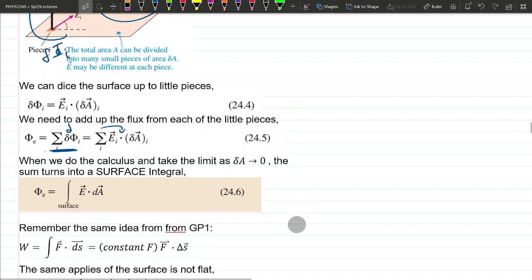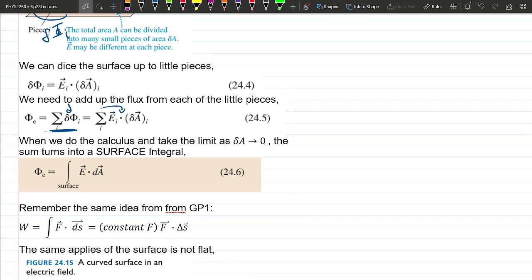This is known as a surface integral, or calculating an integral over an area as opposed to along a line. So as you take the limit as this delta area goes to 0, you turn this summation into an integral, the same trick we use when dx goes to 0 and it turns into an integral of dx.